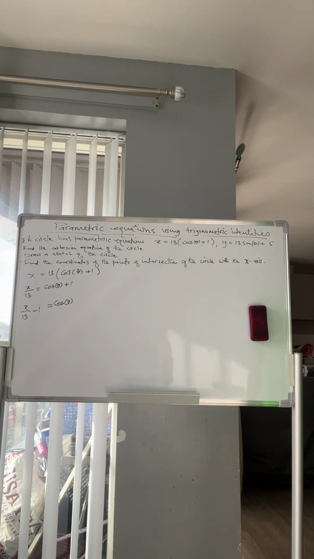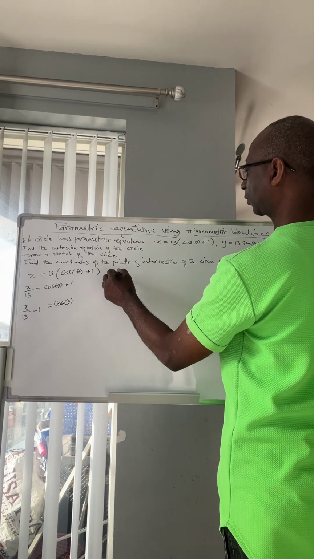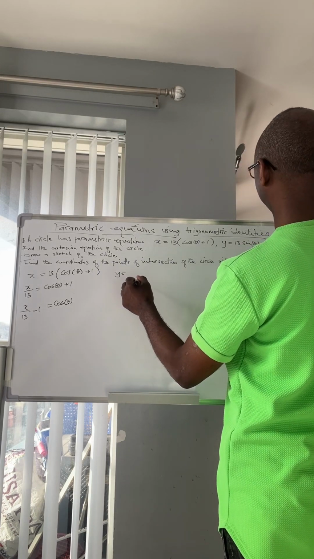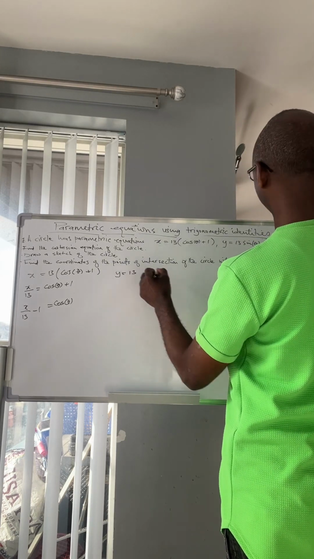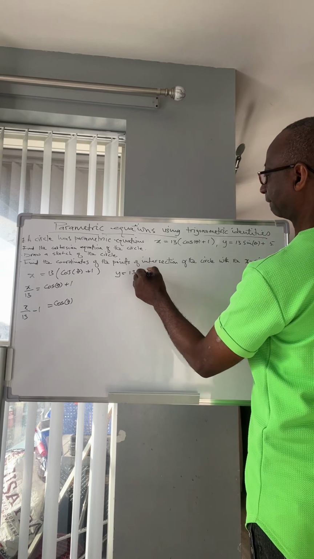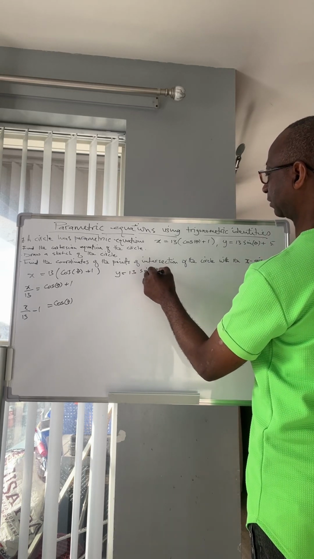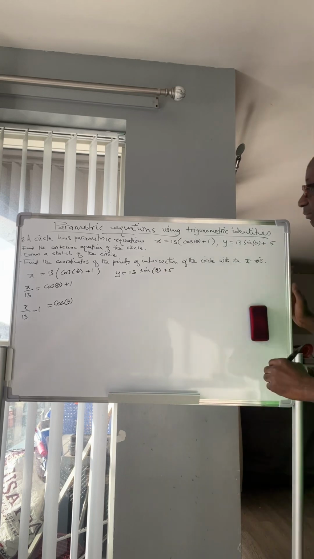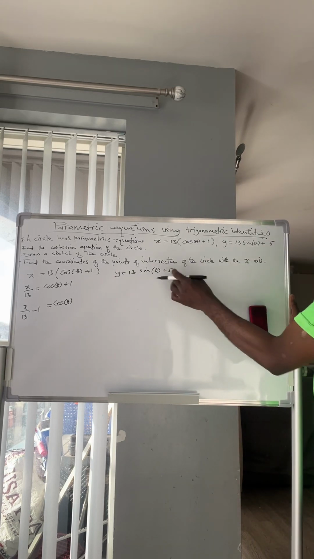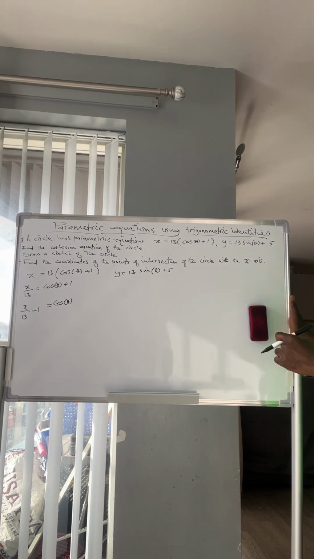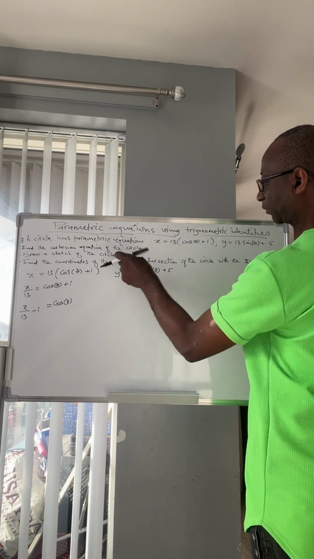We come to the y-axis. You have y equals 13 the sine of theta plus 5. We'll do the addition first, so we bring the 5 over the equality sign.